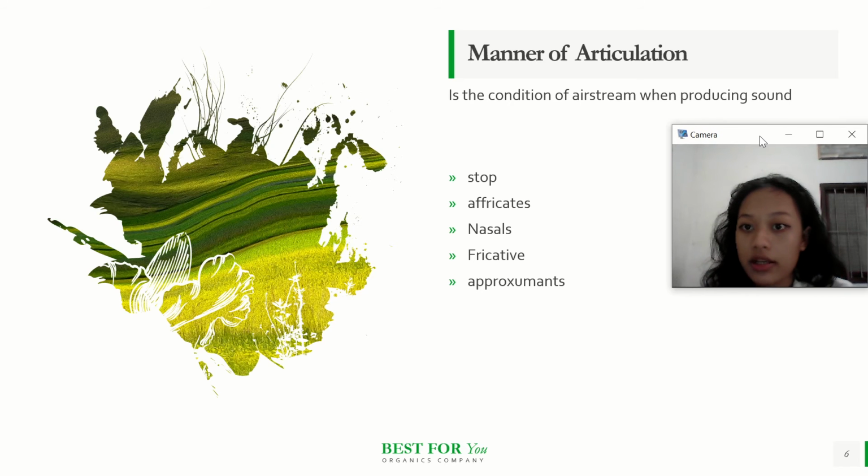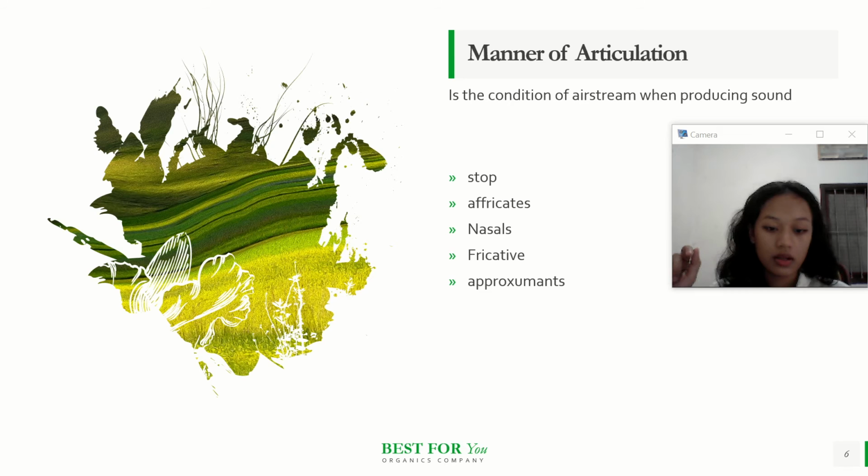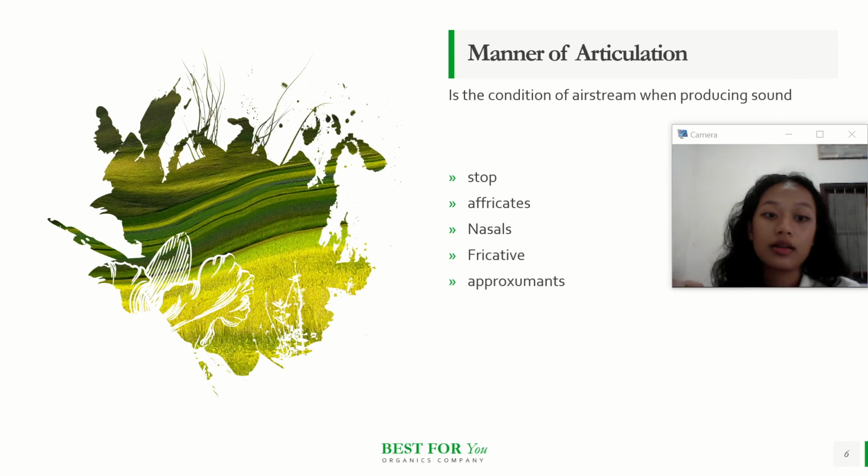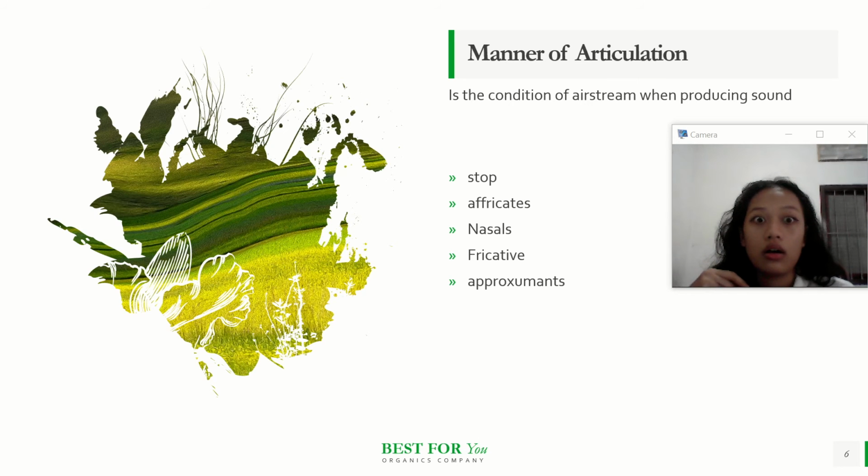So the next one is manner of articulation. It is the condition of the airstream when producing a sound. When producing a consonant, there's a manner of articulation. The first one is stop or plosive. When we produce the sound, our mouth is completely closed.